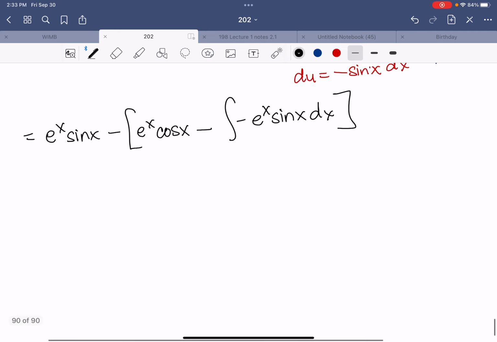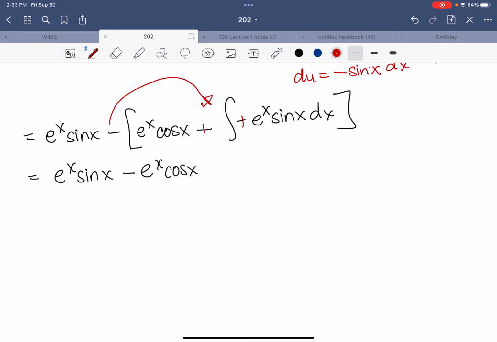I'm going to distribute and simplify here. So this is e to the x sine x minus e to the x cosine x. Now we have to make sure we get our negatives right. This negative and this negative becomes positive, but this negative gets distributed. So it's minus the integral of e to the x sine x dx.